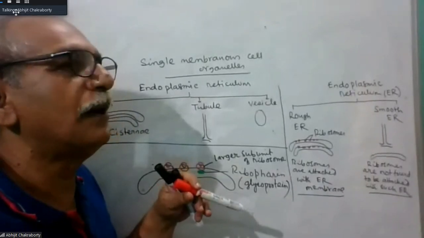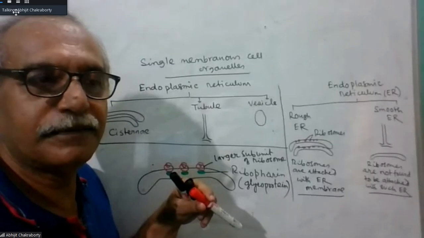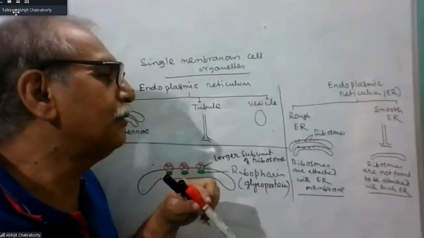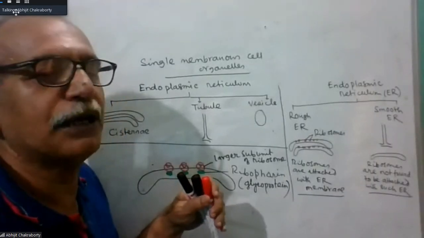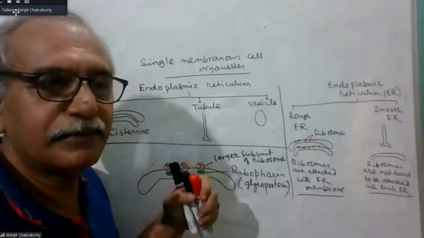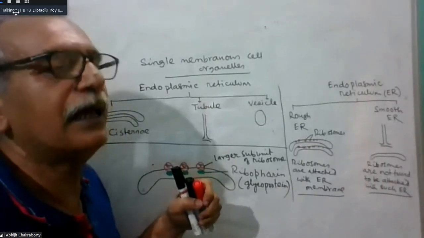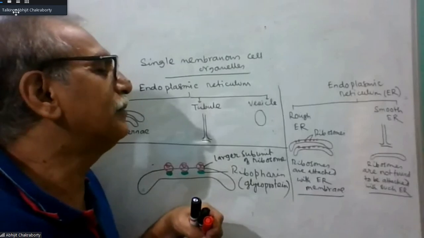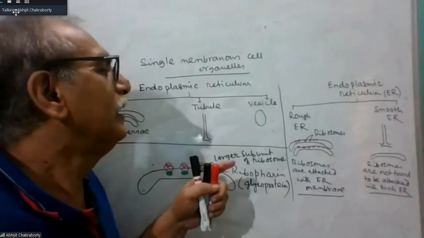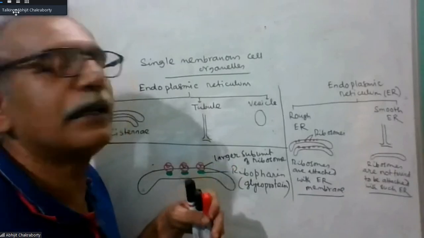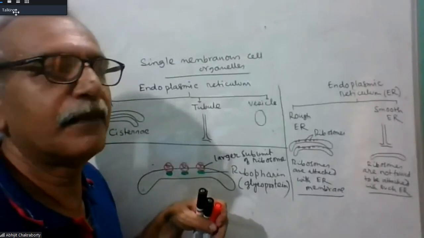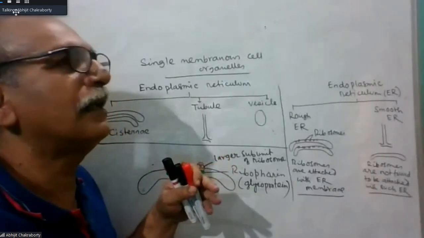Once protein synthesis is over, ribosomes get detached. Once ribosomes get detached from rough ER, can you call it rough ER again? No, sir. Then it becomes smooth ER. That's why I said the smooth ER may be developed from the rough ER. And rough ER is actually developed from the nuclear envelope.